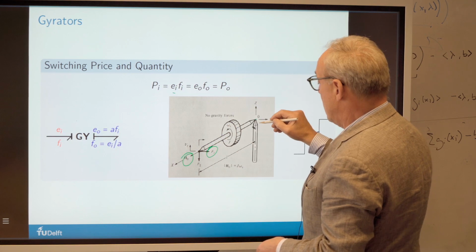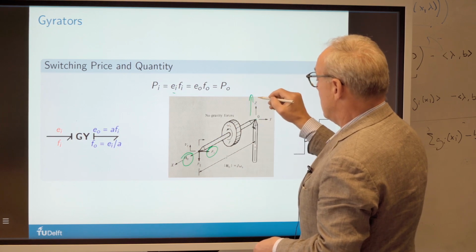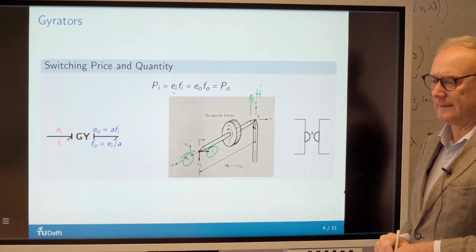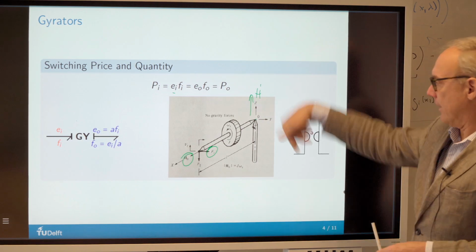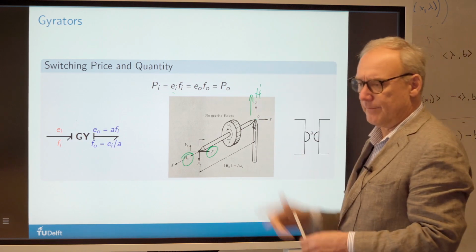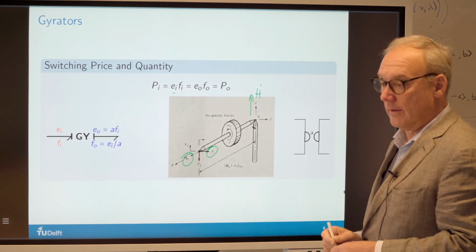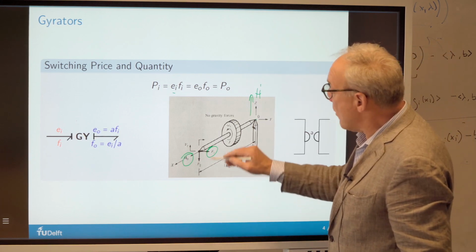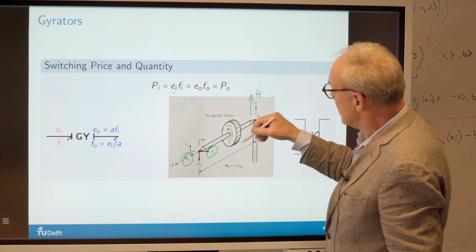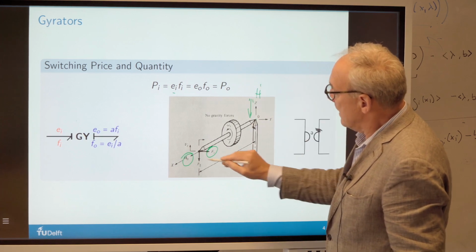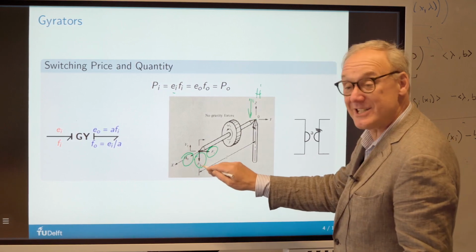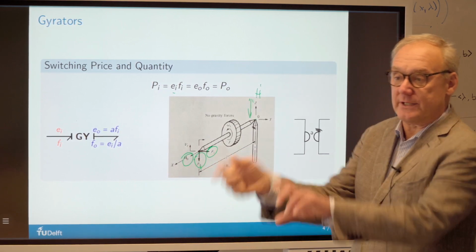So H dot is in this direction, positive or negative, either way. So in order to create that torque, you need a force in that direction, right?